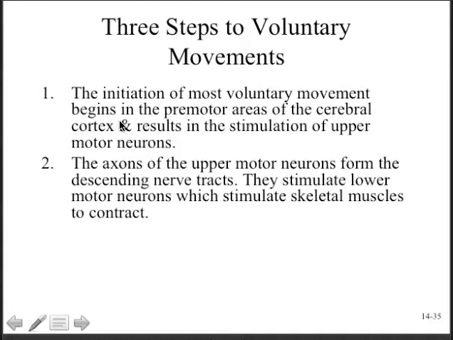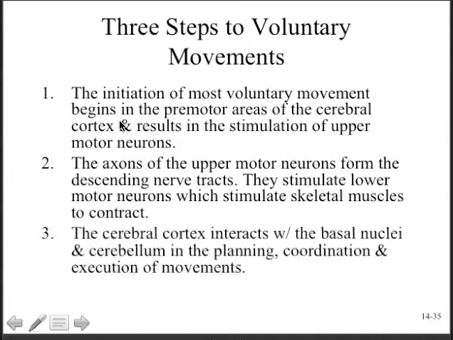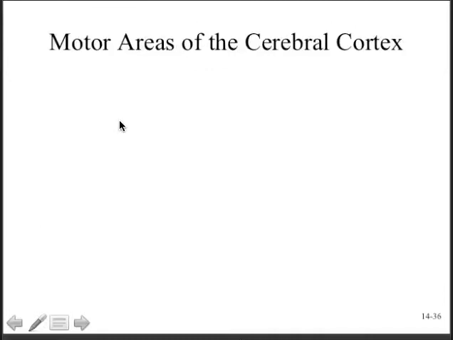But again, as this is happening, this is modified on the fly by action that comes from the basal nuclei. Those are the lentiform nuclei, the caudate nucleus, the putamen, and so on, and the cerebellum. And their idea is that they want to match up what you're doing with what you're trying to do.